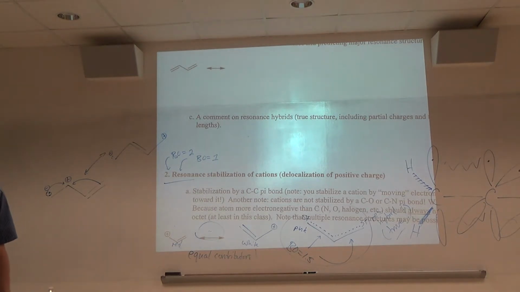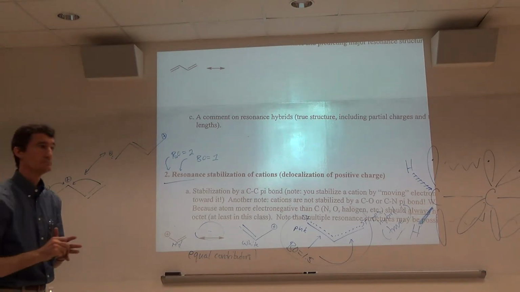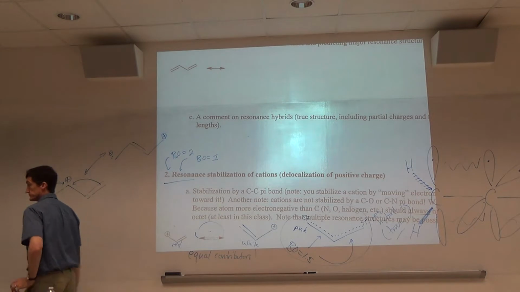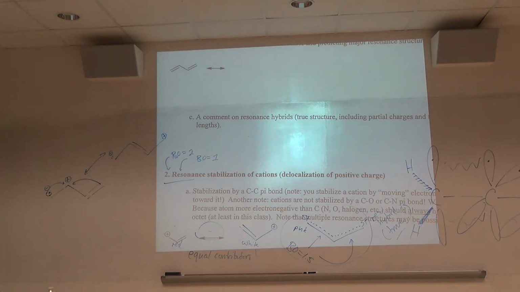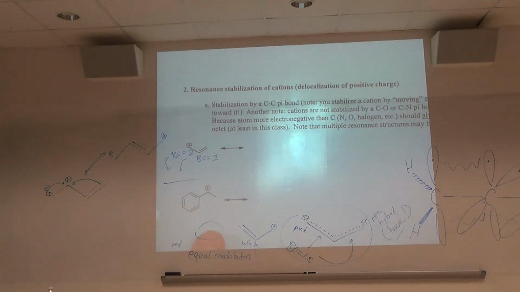Resonance structures only differ in placement of pi electrons. Everything else is the same. Pi electrons. Don't go moving any sigma electrons. If you do, you'll be making a new compound. You won't be making a resonance structure. Okay.